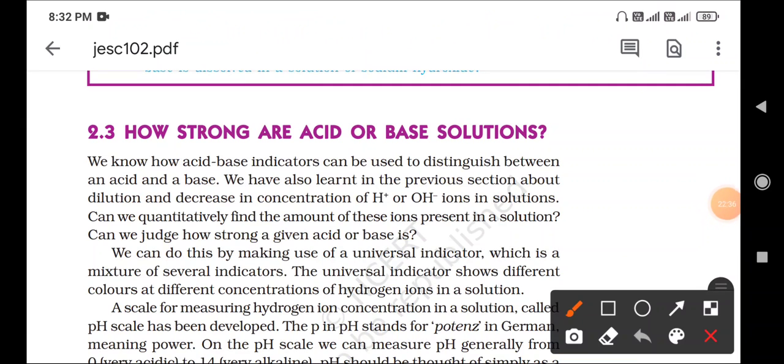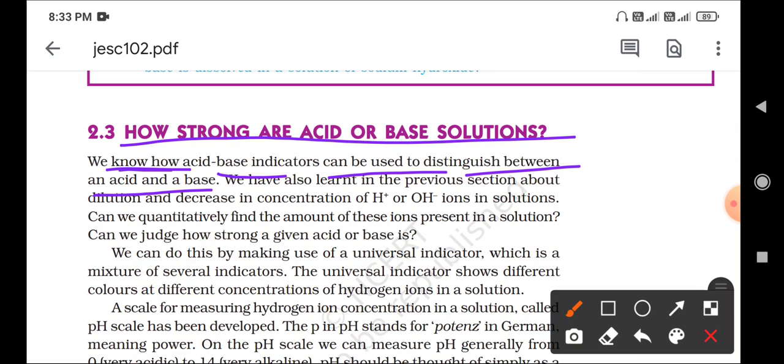On which factor can we say that an acid or base is strong? We know how an acid-base indicator can be used to distinguish between acid and base. You already studied in the previous class that we classified acids and bases using different indicators: natural indicators and synthetic indicators.